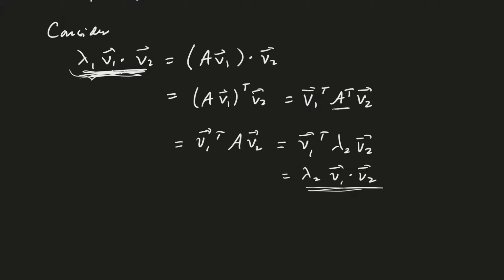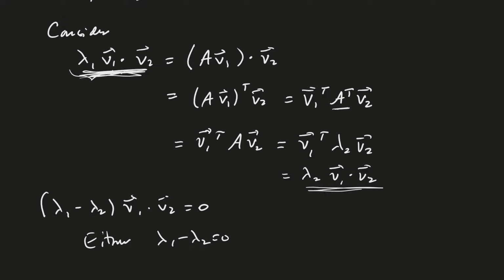And so bringing those over to the other side, I'll have lambda 1 minus lambda 2 times V1 dot V2 equals 0. Good. This means that either lambda 1 minus lambda 2 equals 0, or V1 dot V2 is equal to 0.